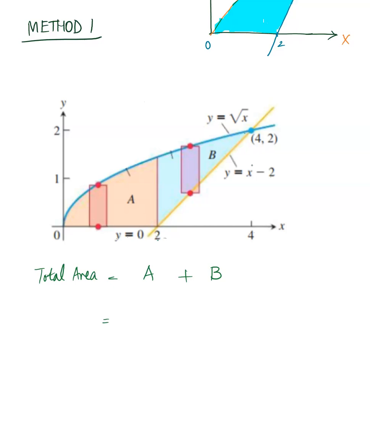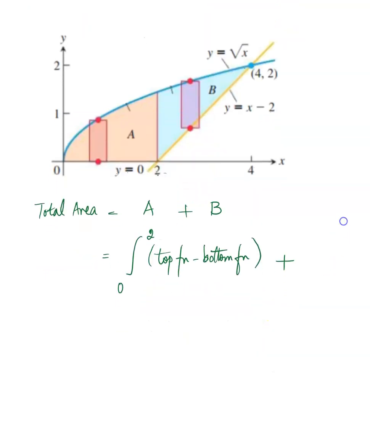Never mind. So the whole idea is I want to do 0 to 2, top function minus bottom function. I'll skip the dx for now.